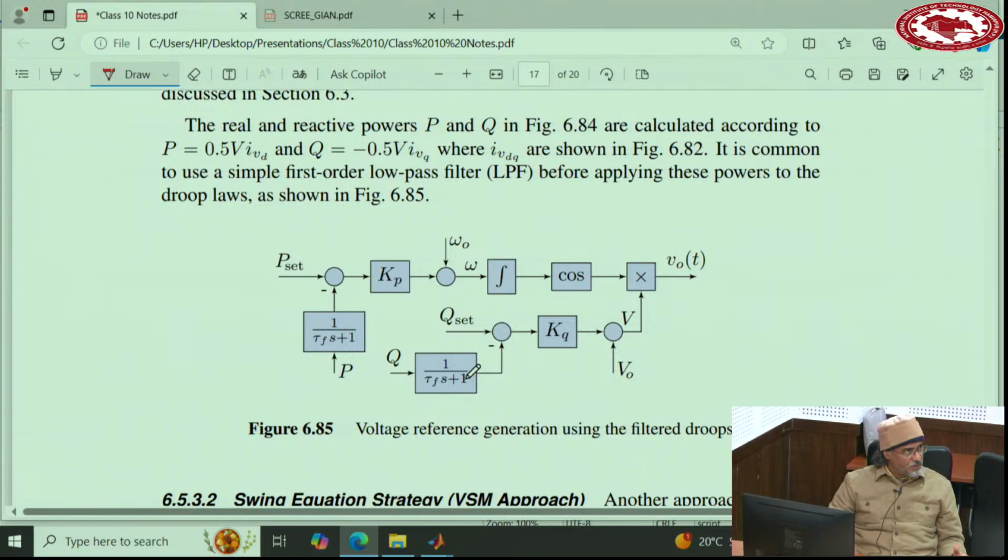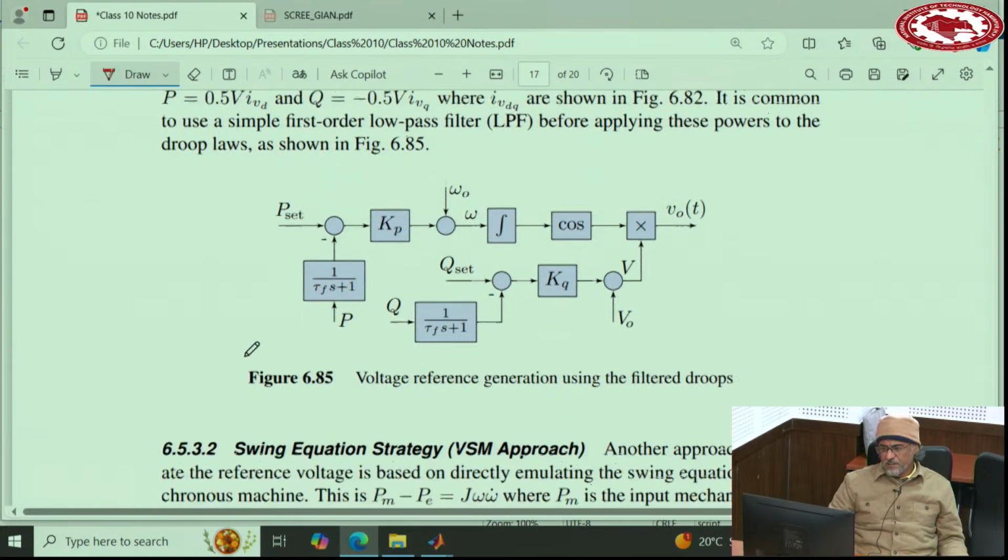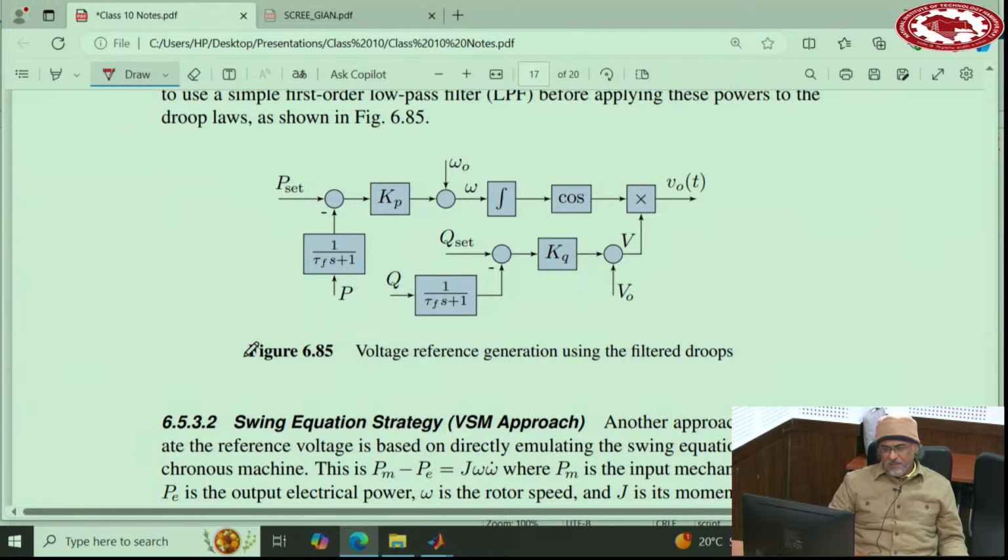They can have harmonics, distortions, all those things. When you calculate real power and reactive power, you need to do filtering. The simplest filter that you can put is a low-pass filter of order 1. That's the minimum you can put here. So keep this in mind for a moment.